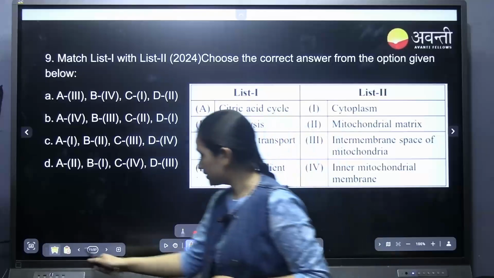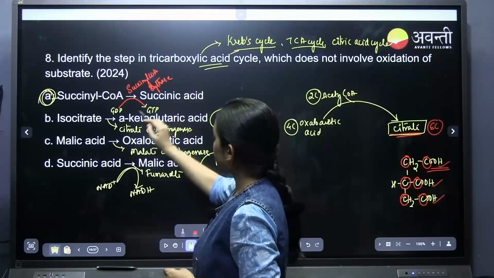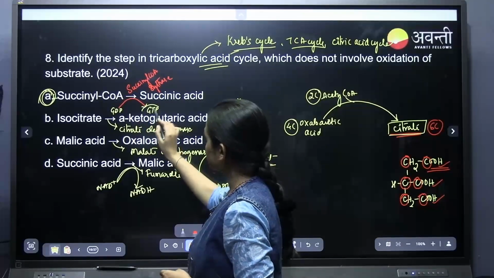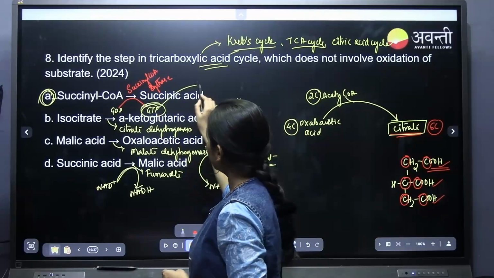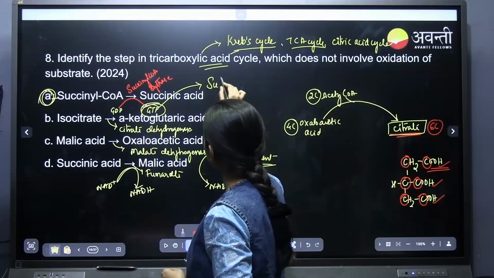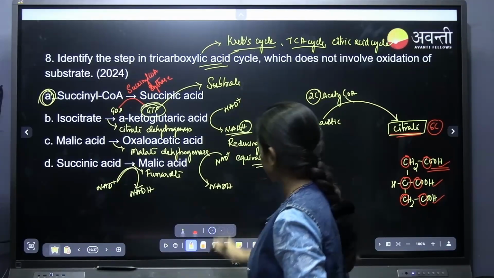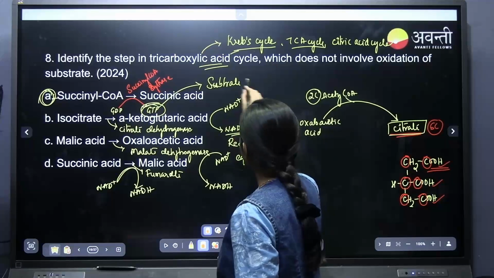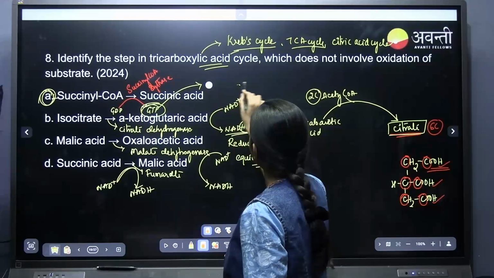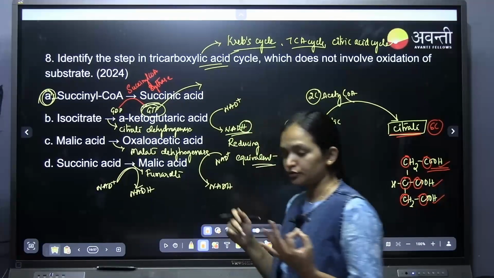And here GDP is converted to GTP. Here substrate level phosphorylation has happened. There are three types of phosphorylation.